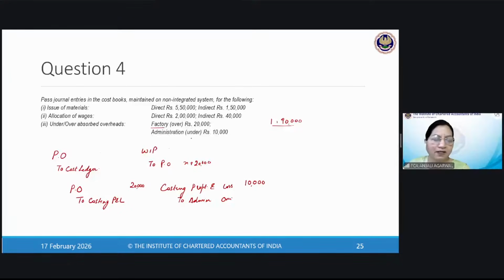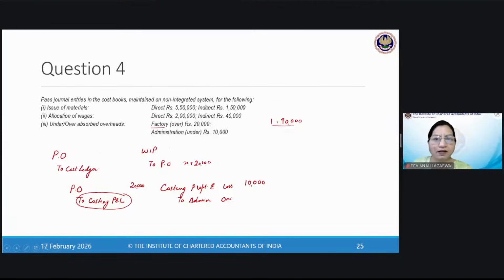Why? Think about it. When there is an over absorption, it means you have booked higher expenses, which means your profits have unnecessarily come down. So you must increase the profits. And you increase profits when you credit it. Similarly, if there is an under absorption of expenditure, it implies that the expenses are further more than what they are. Why was the wages of 1 lakh absorbed?